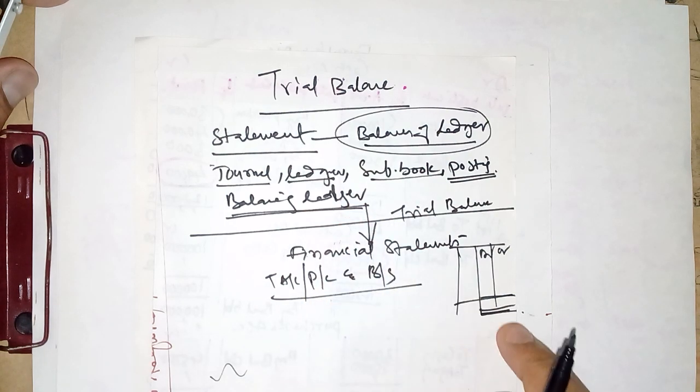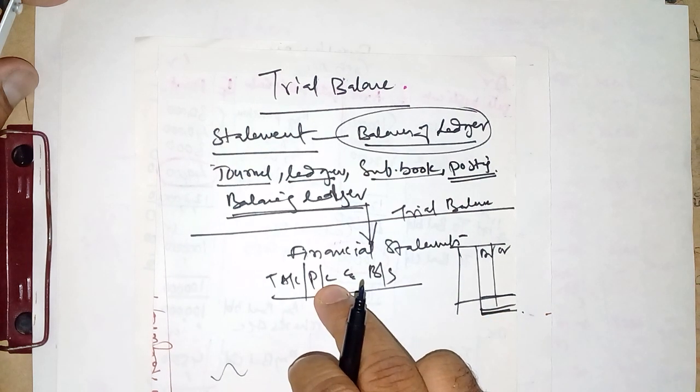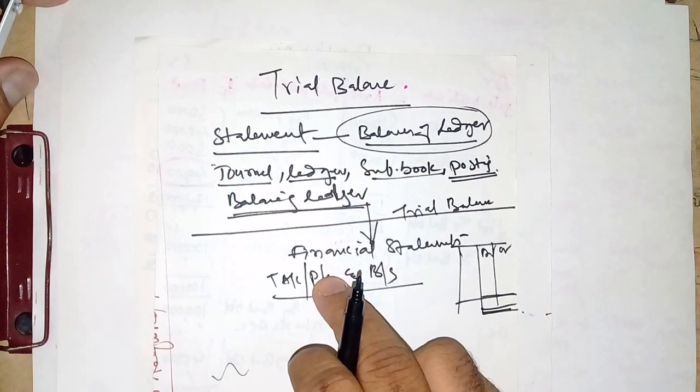So unless and until we tally the trial balance, we don't proceed, because if you give wrong data to the financial statements, they will give wrong financial position.